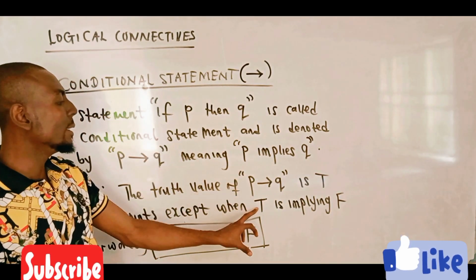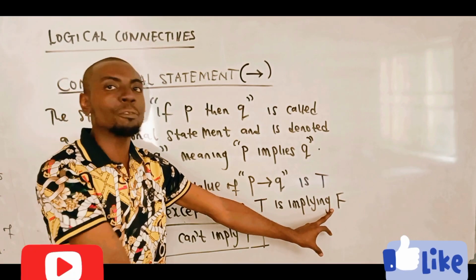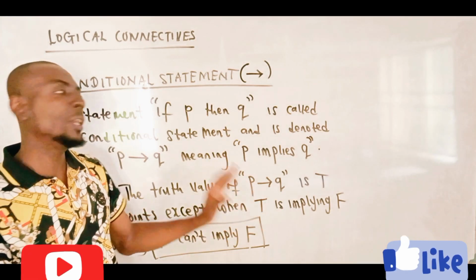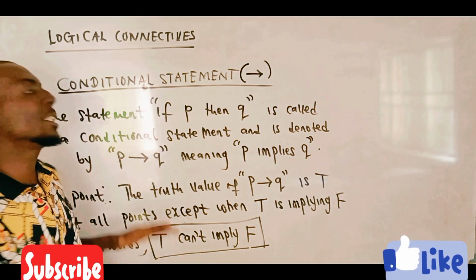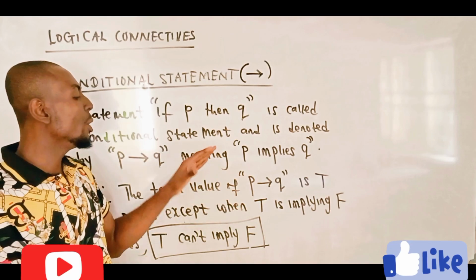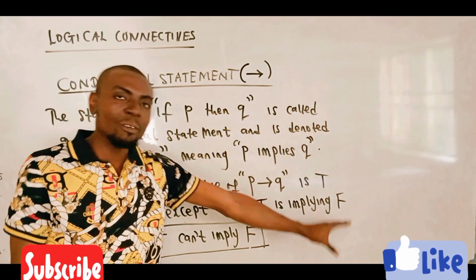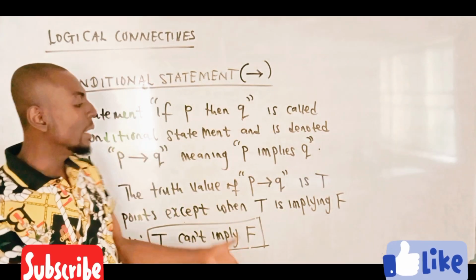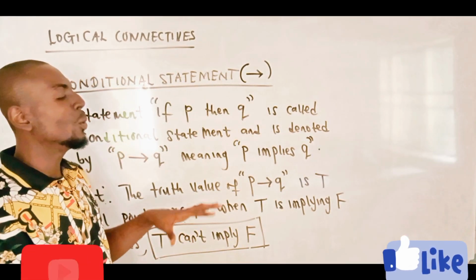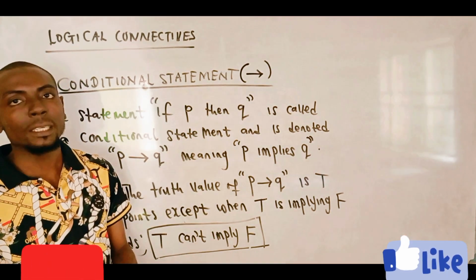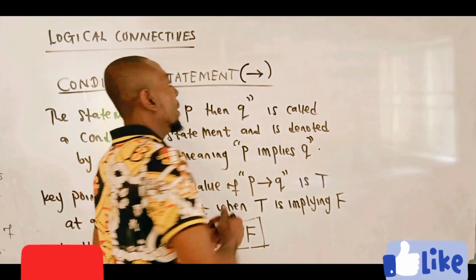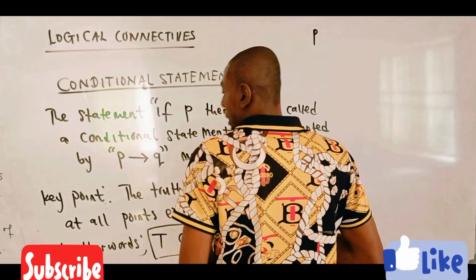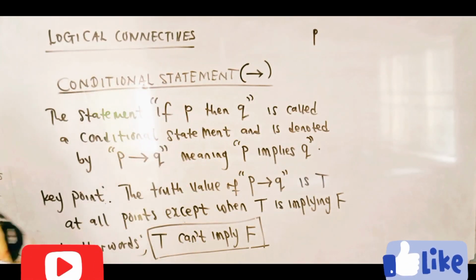Whenever P is T and Q is F, you must have F, in as much as P is the one implying Q and not Q implying P. So as far as P implies Q, when you have truth in P and F in Q, straight up put F. Then others comfortably, you supply them with T. Okay, so watch this statement.